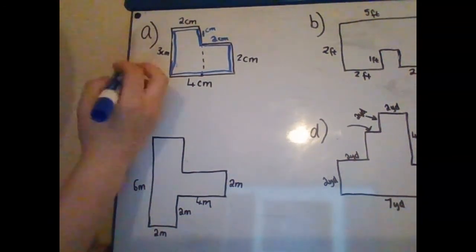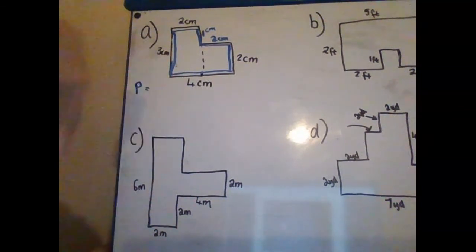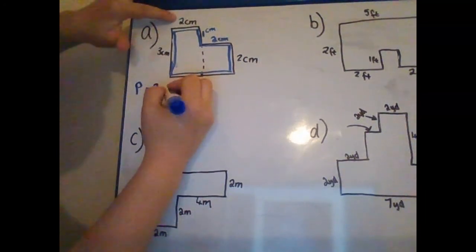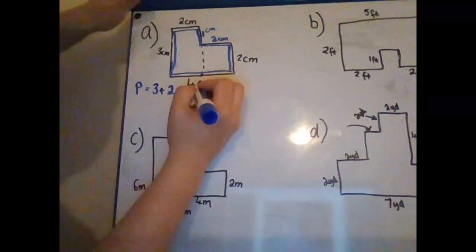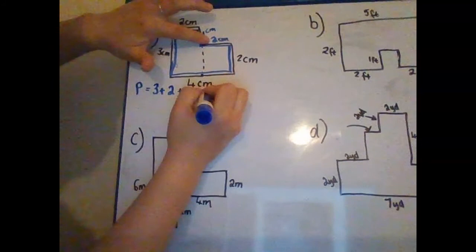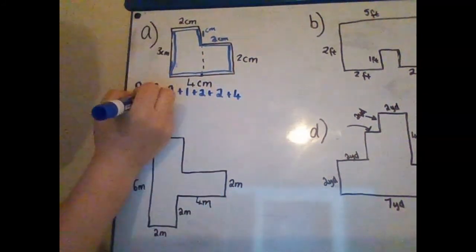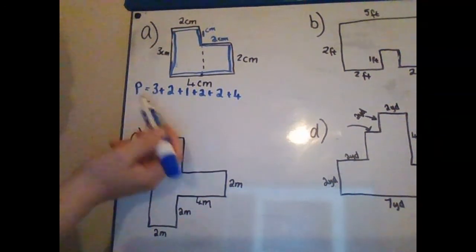Now it's time for me to calculate. So P for perimeter. I need to do 3, add 2, add 1, add 2, add 2, add 4. We're just going to take our time and add them up.